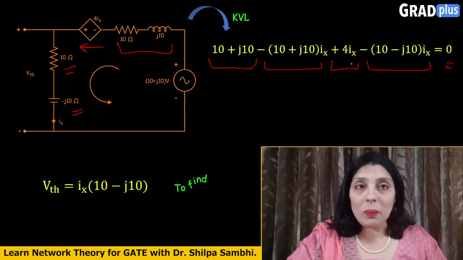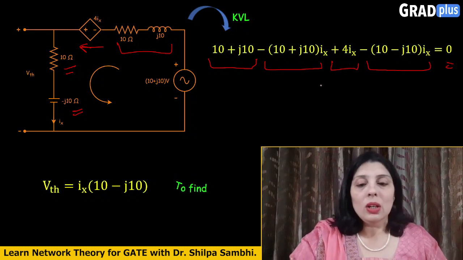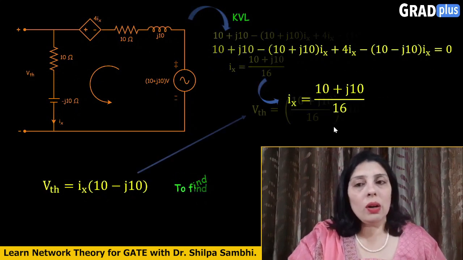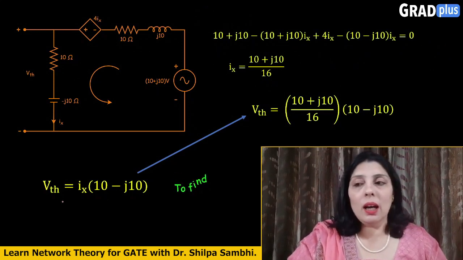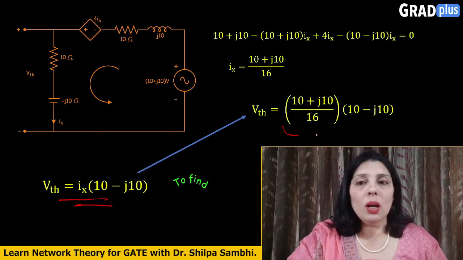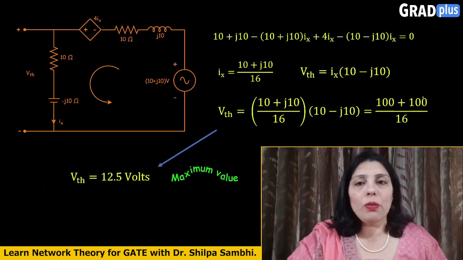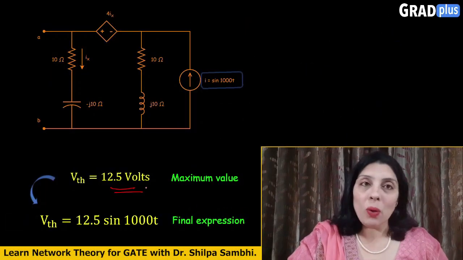Now this is a single equation and the only variable appearing here is Ix. So upon solving this equation, you will get the value for Ix like this. And now if you substitute this value of Ix in this expression here, you will get something like this, and upon solving, the value for VTH is going to be 12.5 volts.